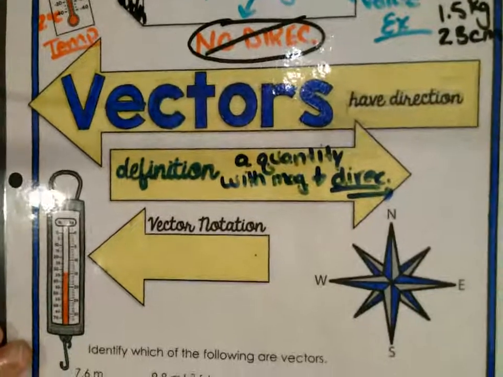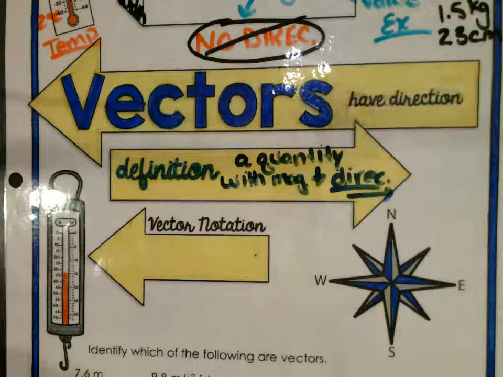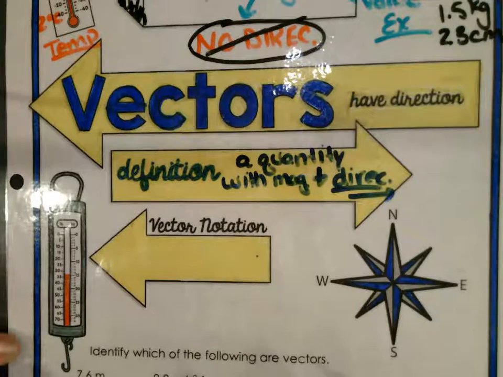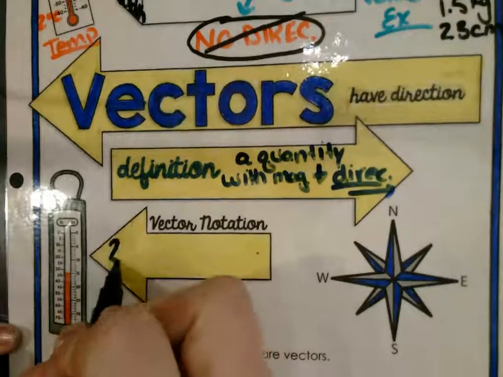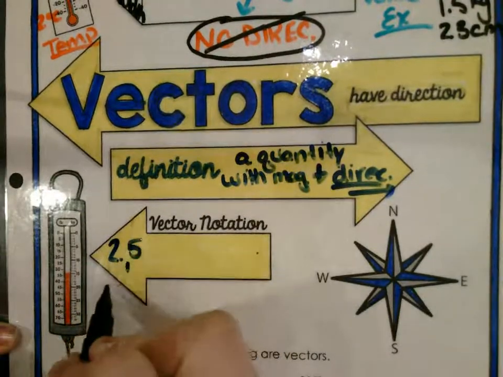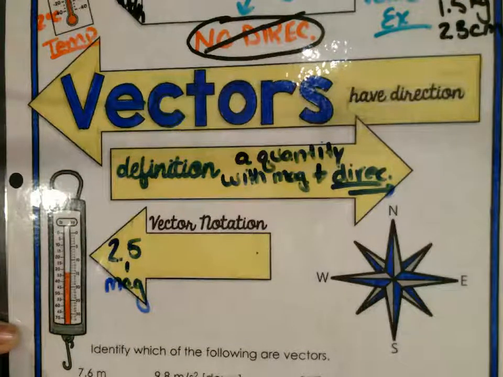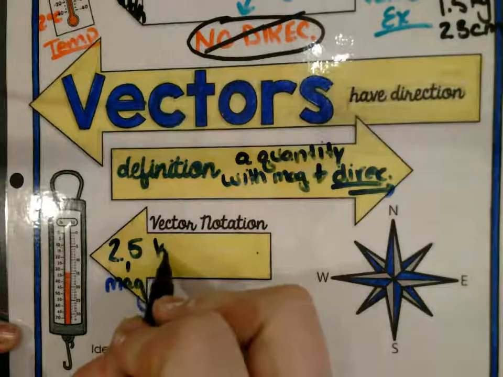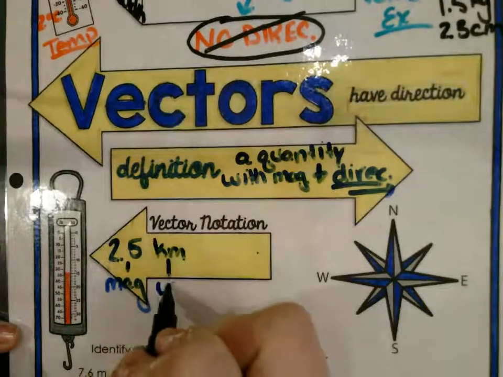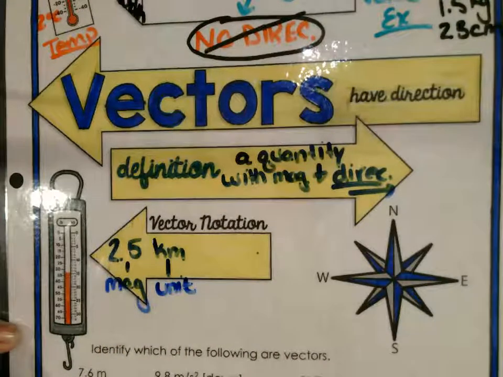So when we write a vector, we're going to use vector notation. So the first thing we're going to write when we use vector notation is the magnitude. So 2.5 would be my magnitude. It's my number. The next thing we're going to write is the unit. For my example, I use kilometers.